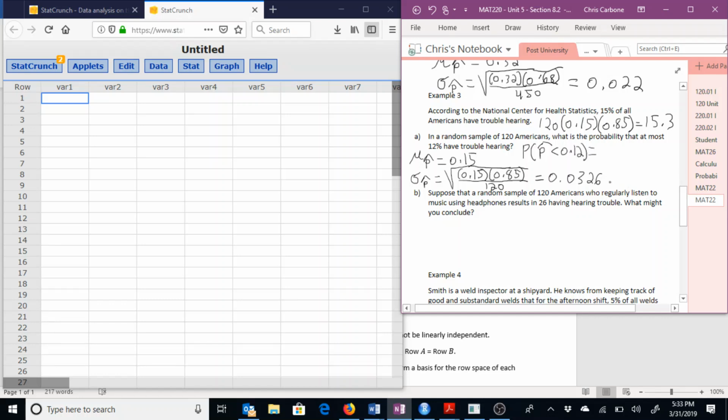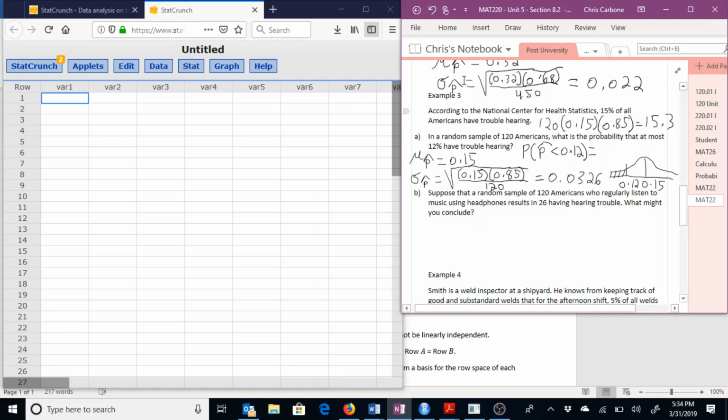And giving a very rough sketch of this normal distribution right here, we call 0.15 right here, 0.12 about here, and since we want that to be at most, we'll talk about the area to the left of that in the normal distribution.